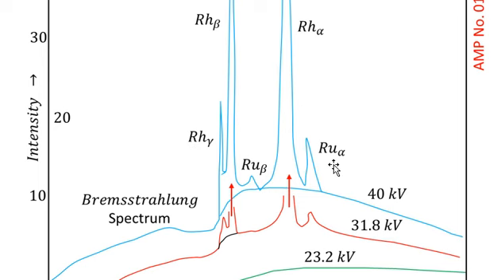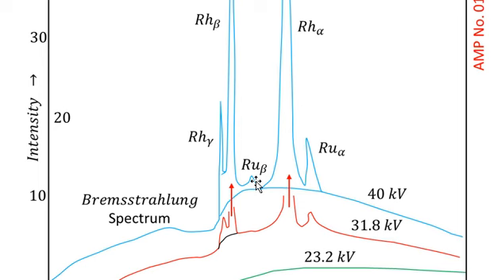And Ru alpha and Ru beta correspond to ruthenium. Actually, Rh alpha, Rh beta, Rh gamma, Rh delta, and so on form a series of characteristic lines. Similarly, Ru alpha, Ru beta, Ru gamma, and then Ru delta, and so on, form a series of lines corresponding to the ruthenium.